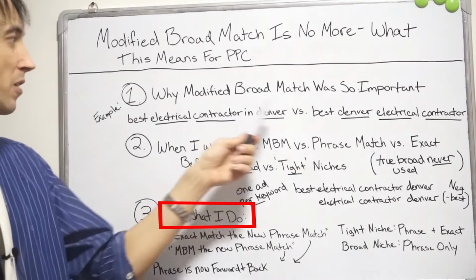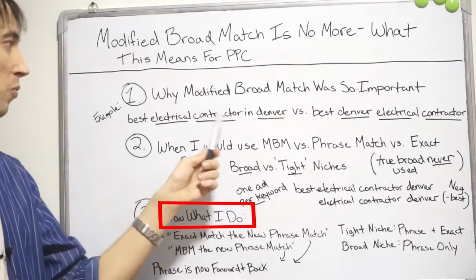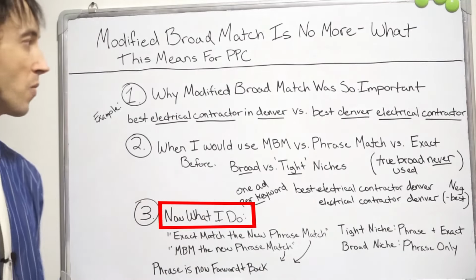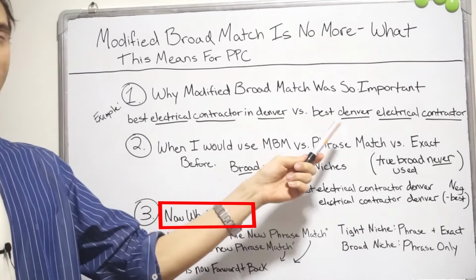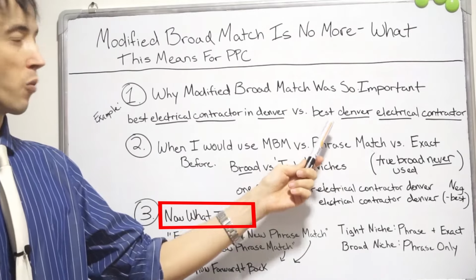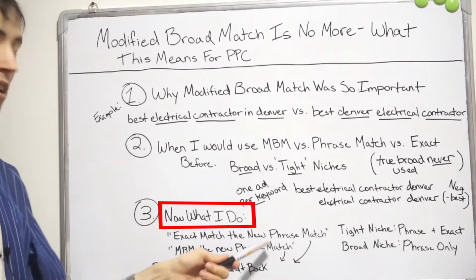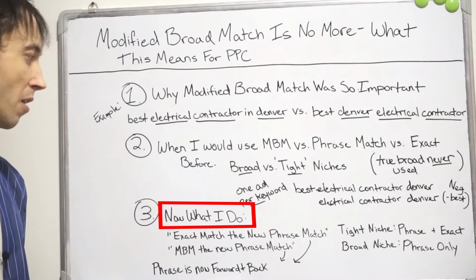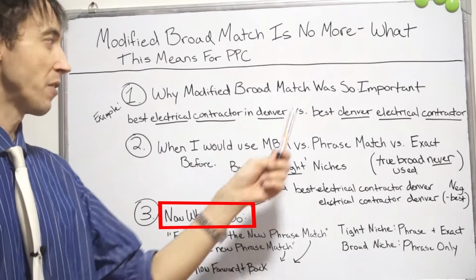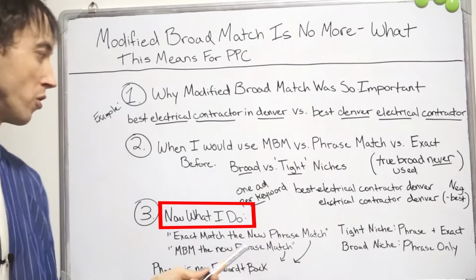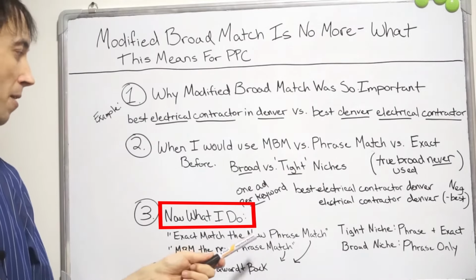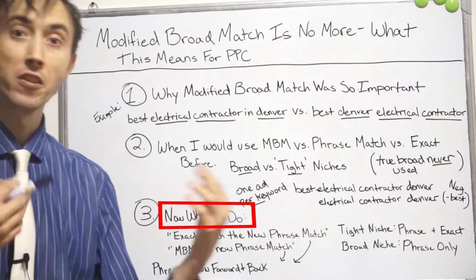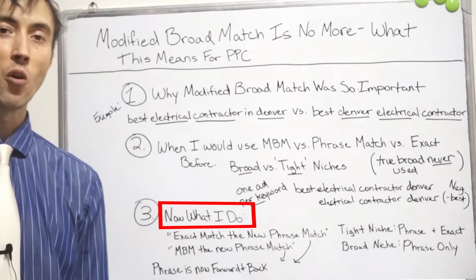So it'll cover situations where people use the words in a backward versus a forward form, but it will also add words before and after. So phrase match operates just like modified broad match. And for just having before and after, you can use exact match, because exact match operates like phrase match. And then there is no real exact match anymore.